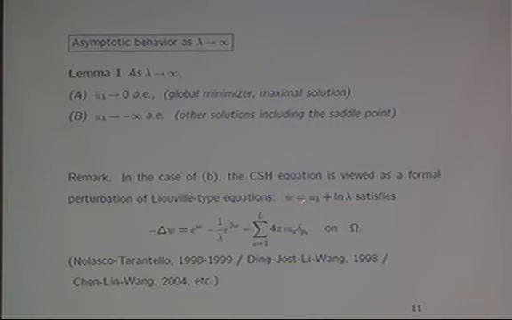So if lambda is sufficiently large, this term may be very small and can be dropped from the Chern-Simons equation. So if this term vanishes, this equation is the mean field equation. This relation was intensively studied by Nolasco, Tarantello, Ding, and other professors, Chen, Ni, Wang, and so on. There is a lot of literature on this topic.